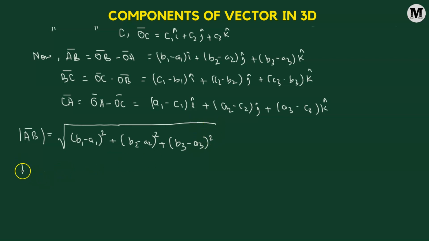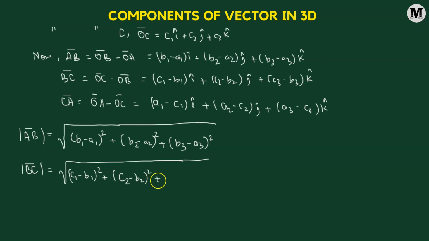Fine. Next we're going to find the magnitude of side BC of the same triangle. We'll take the square root. Underneath the square root we have C1 minus B1 squared, added to C2 minus B2 squared, added to C3 minus B3 squared.